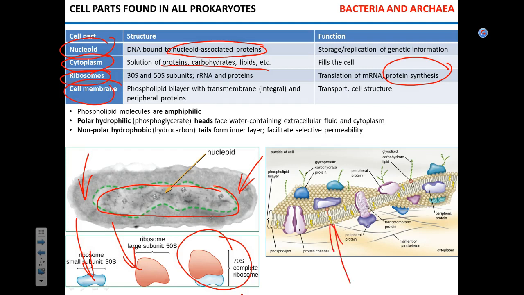Cell membranes in bacteria and eukaryotes are similar. The cell membrane consists of a double layer of phospholipid molecules. You can see this double layer here. In bacteria, there are going to be hopanoids. I mentioned it before. And there are going to be transmembrane and peripheral proteins.